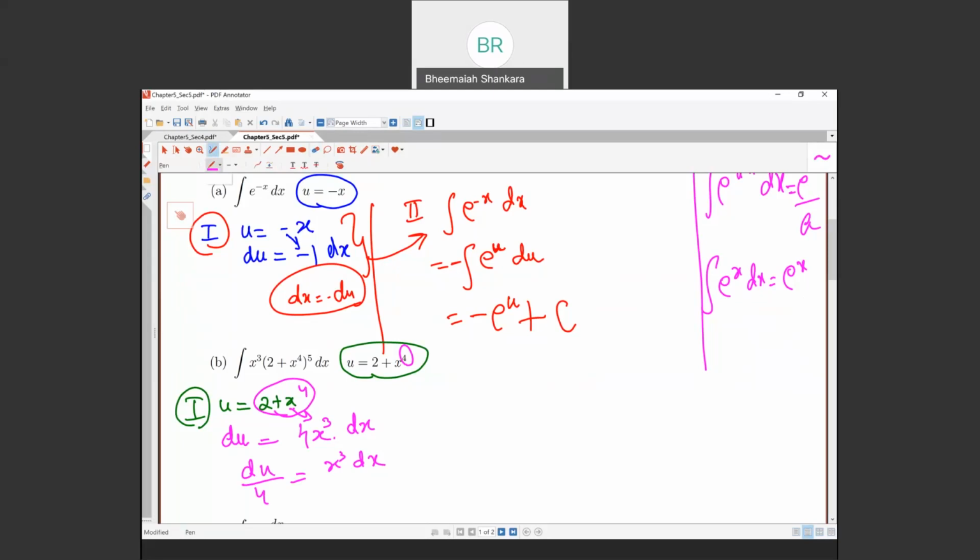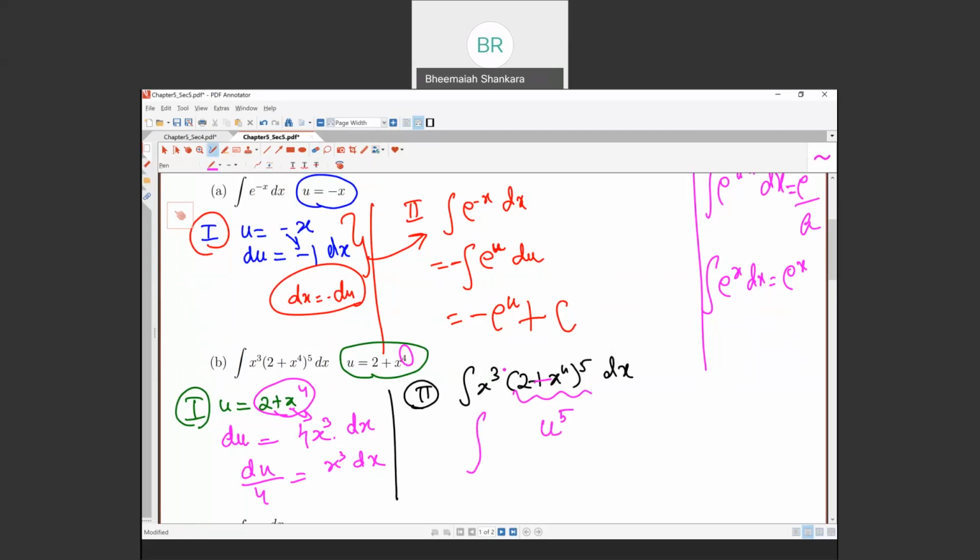Now let me write the integral which we want to evaluate, x cubed times 2 plus x to the 4, to the 5, dx. So we know that all these terms here, this is what was assumed as u. So I'm going to write this as the integral of u to the 5.